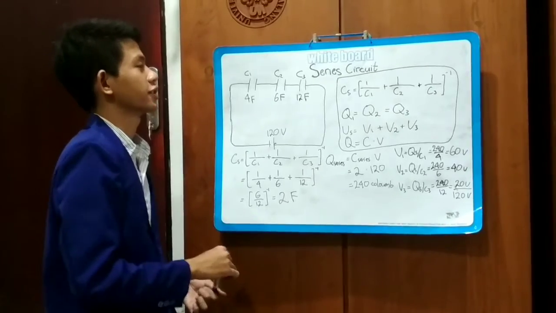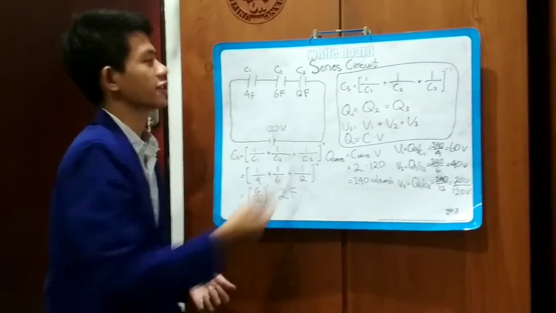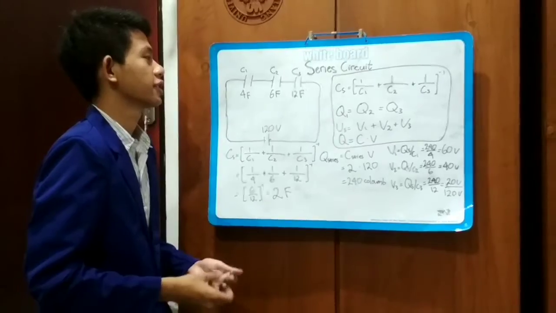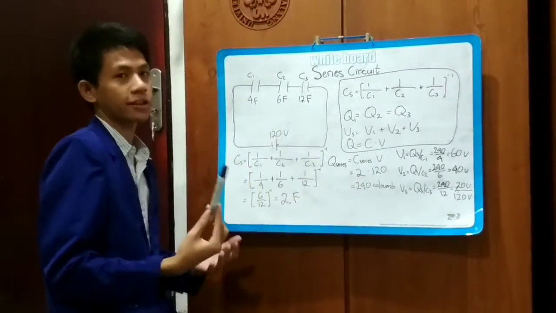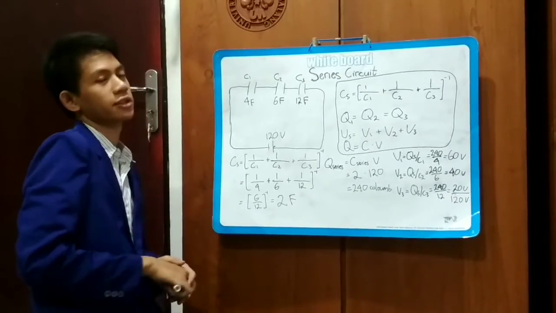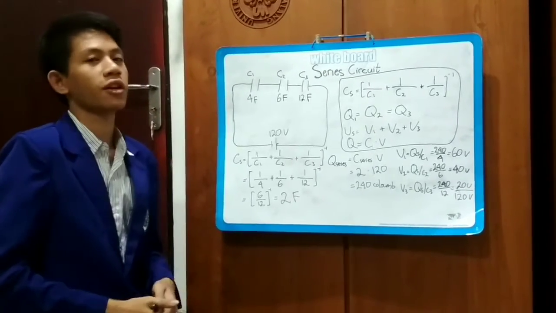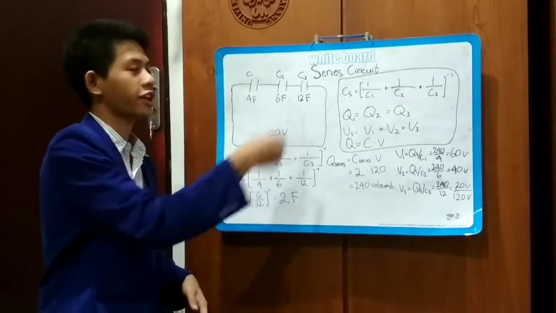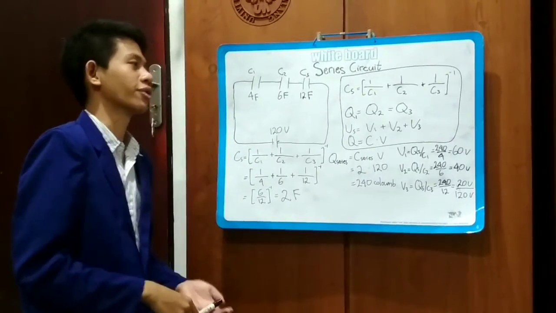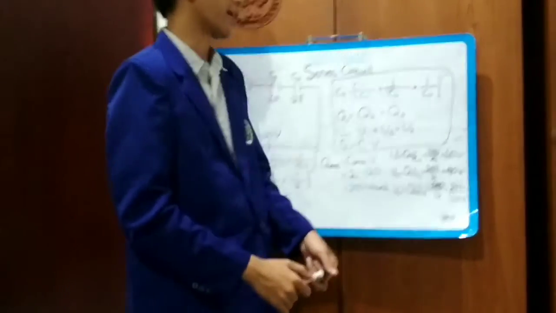So the third capacitor is C3, and the value of C3 is 12 farads. Now the question is, how much capacitance in this series circuit?